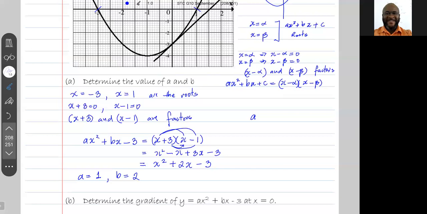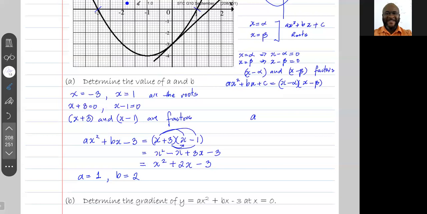In order to find a and b, we have to use the roots of the quadratic expression in order to determine the factors. Once I have the factors of the quadratic expression, two linear factors, I simply multiply the two linear factors together to get the quadratic expression.